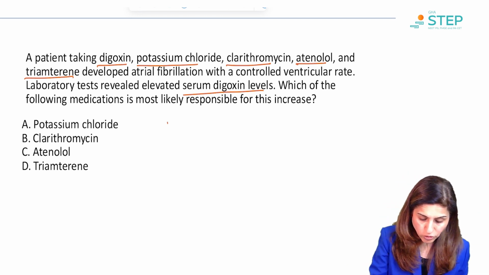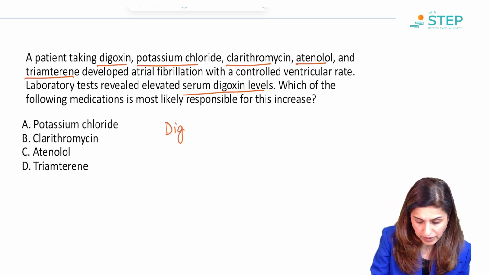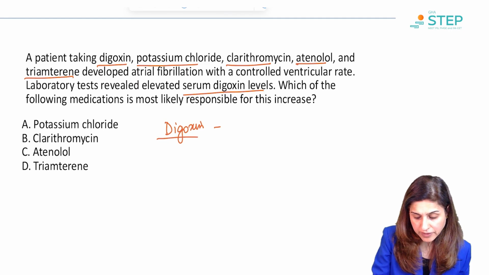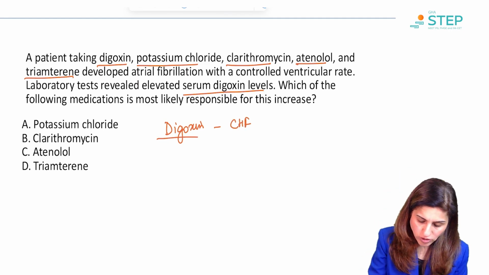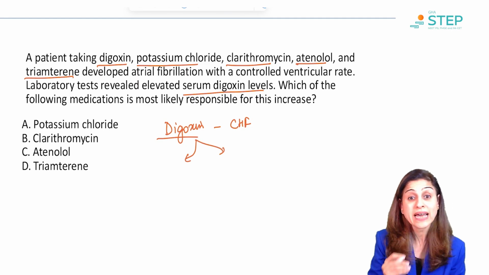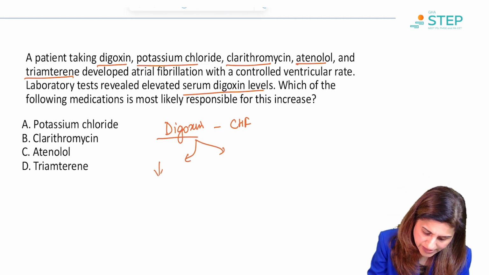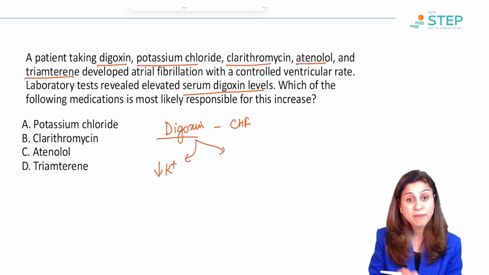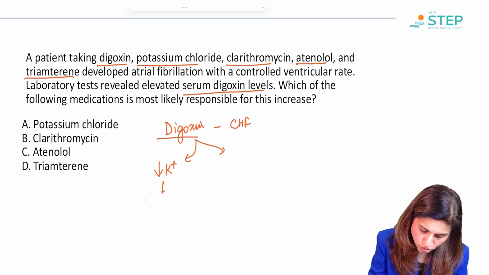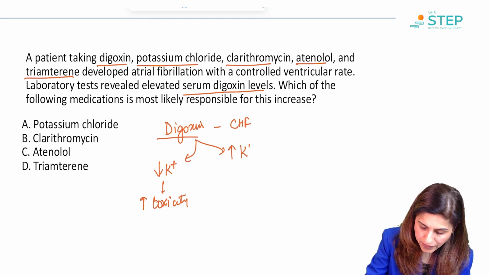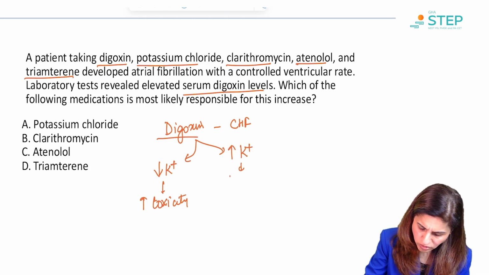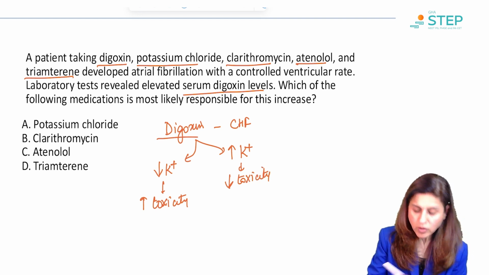Now, you know digoxin is given for heart failure. And remember one thing, digoxin's relationship with potassium. Whenever there is low potassium in the body, hypokalemia, it is going to increase the toxicity of digoxin. But when there is hyperkalemia, it is going to decrease the toxicity of digoxin.